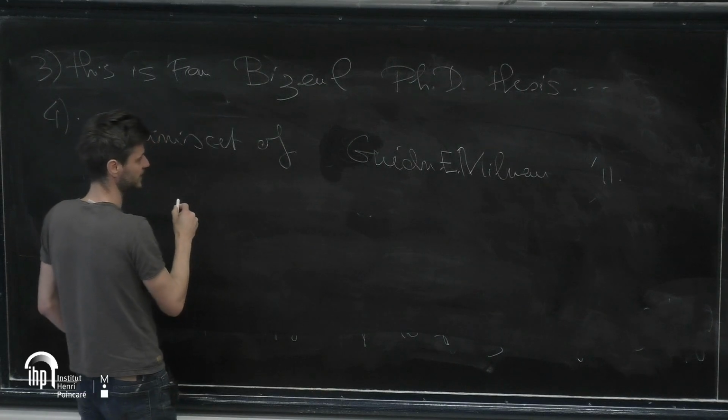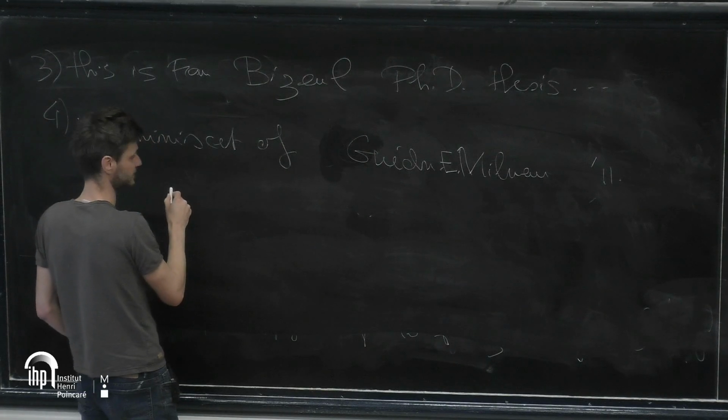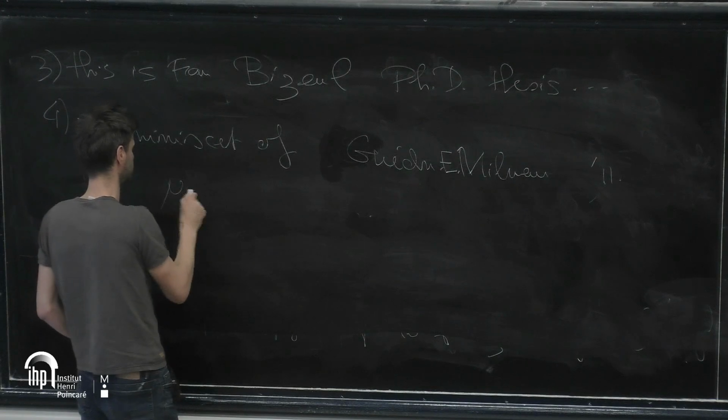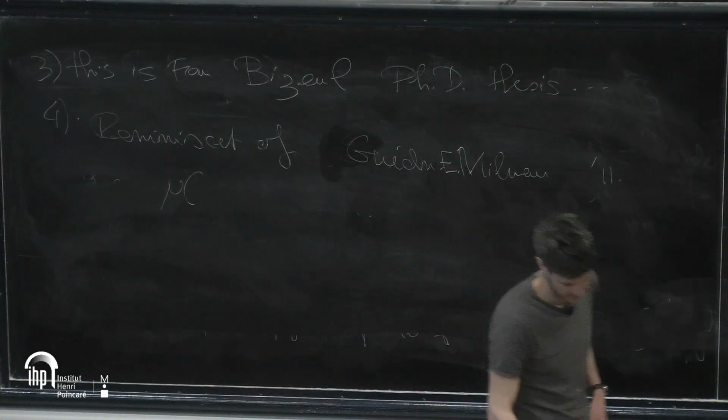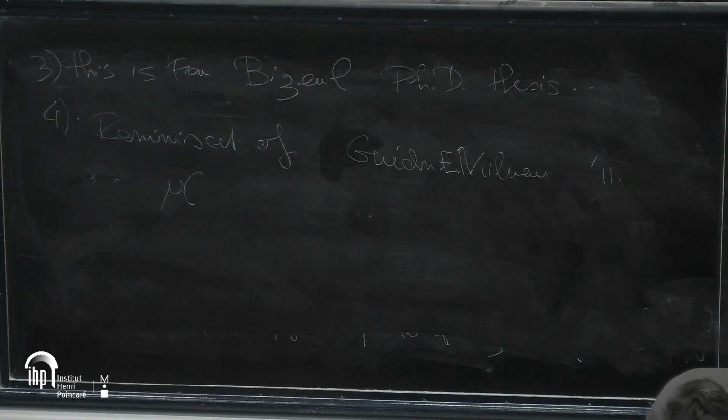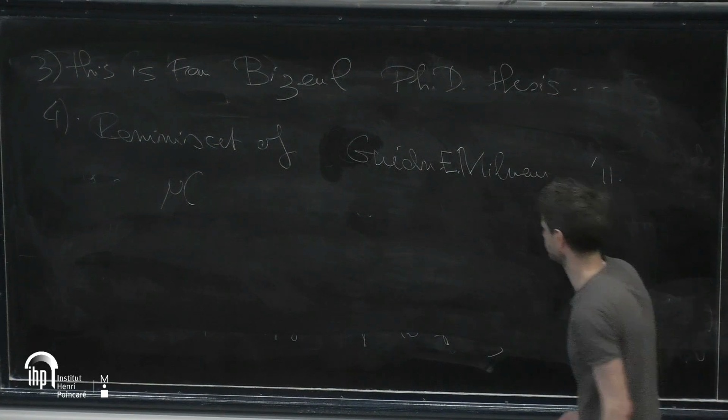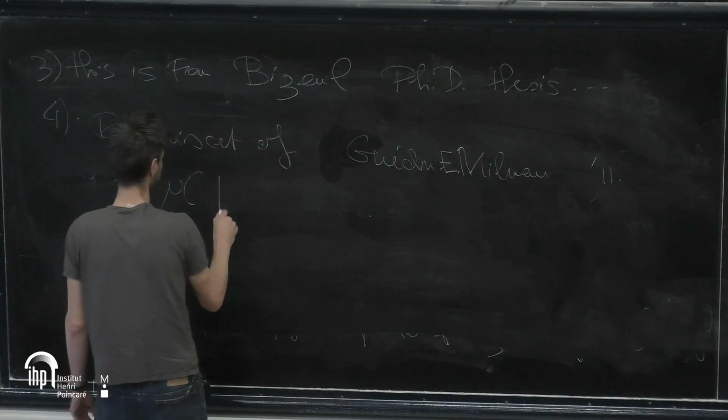So the result was some kind of deviation estimate, but only for the Euclidean norm.